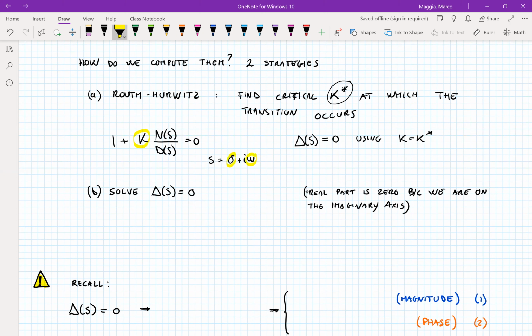In this case, we already have the critical k, that is k star. So the only unknowns are omega and sigma.